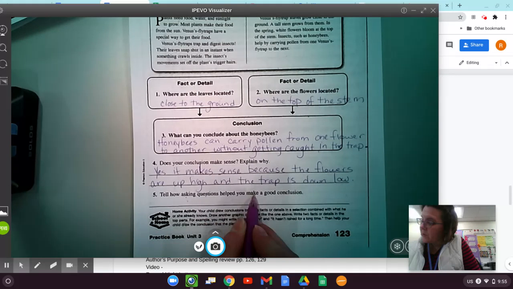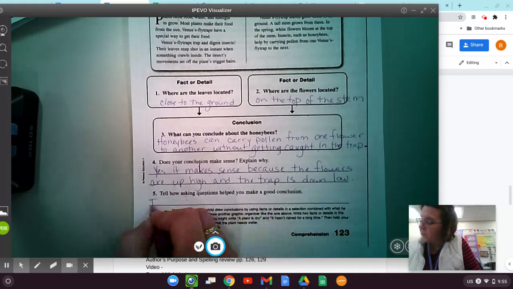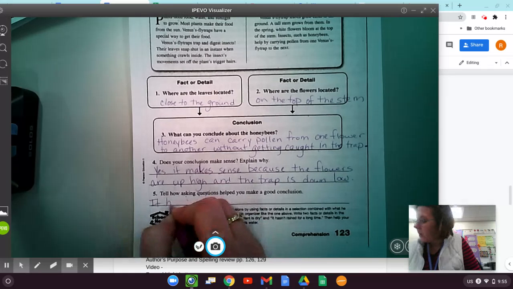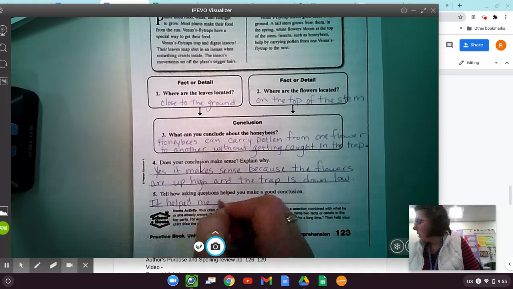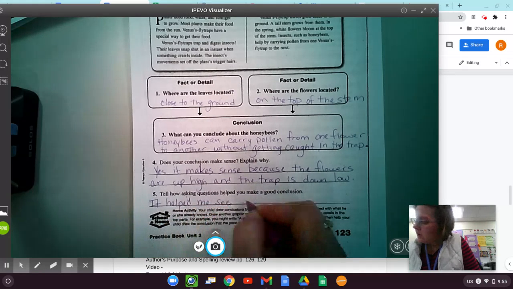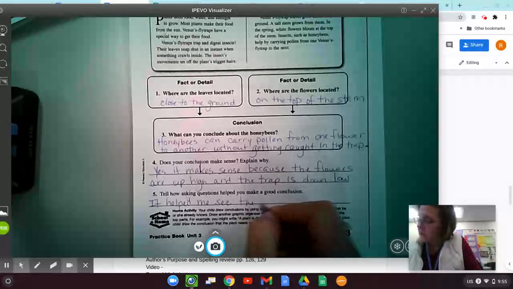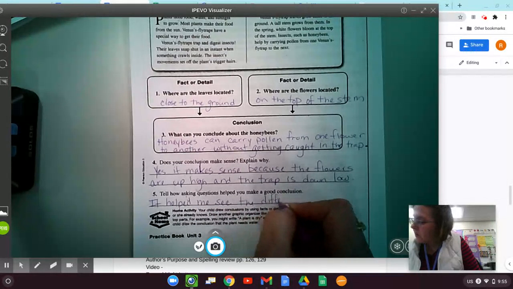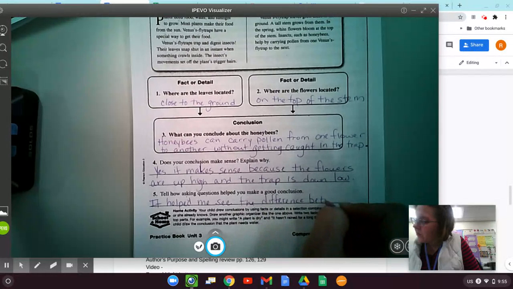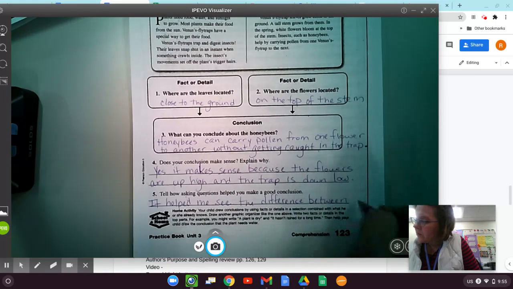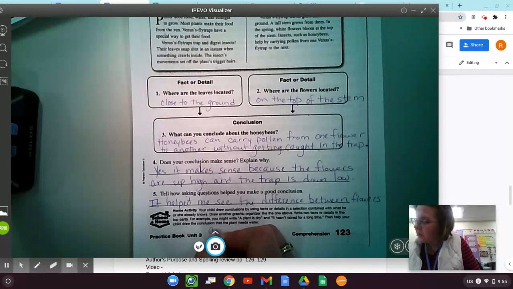It helped me see the difference between flowers, I'm going to go way down here, and leaves.